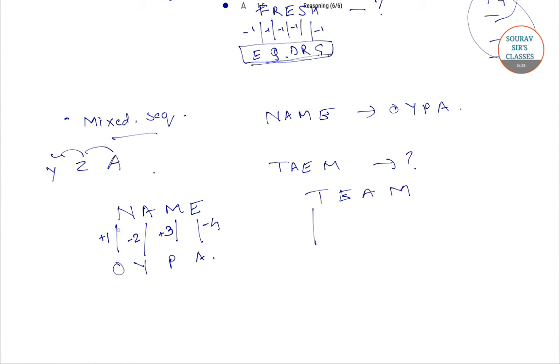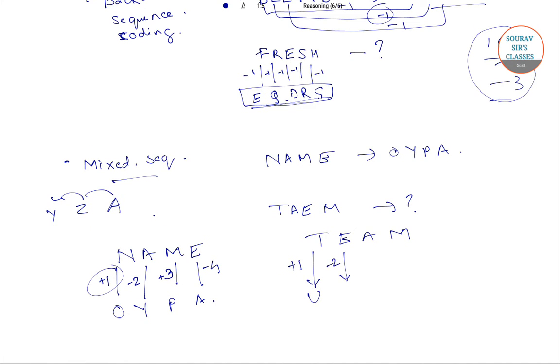Then we will have T plus 1 is equal to U. Next, E minus 2 is equal to C. Then A plus 3 is D, and M minus 4 is I. So TEAM is coded as UCDI.